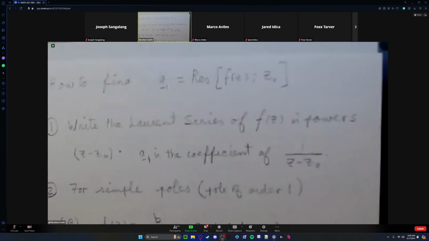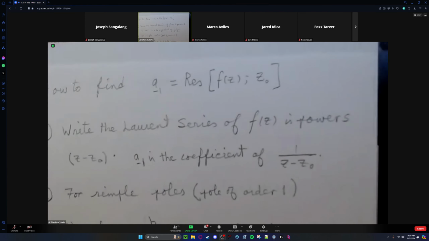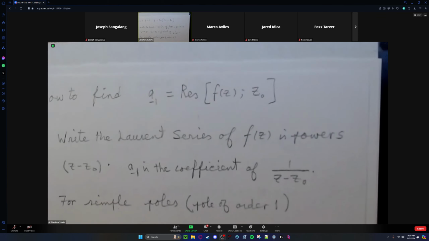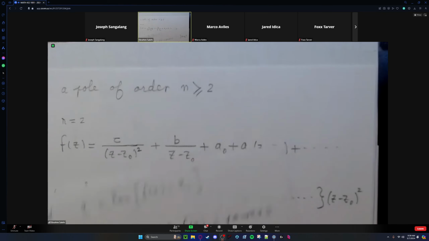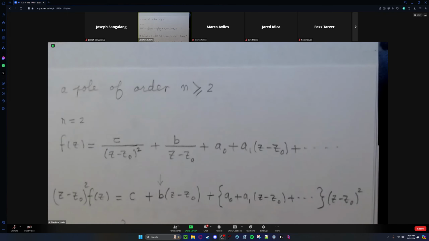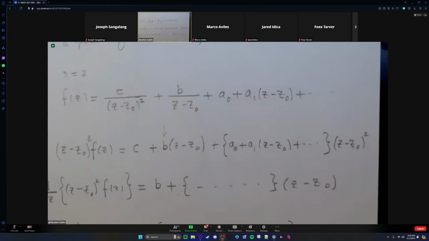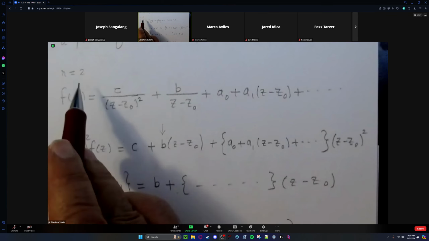What if we do not have a simple pole, but rather a pole of order n? Well, here I'm talking about just a pole of order 2.